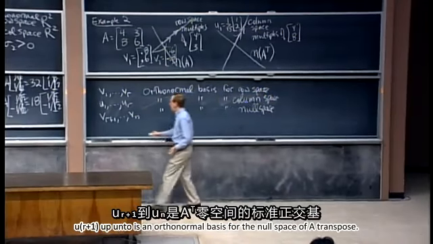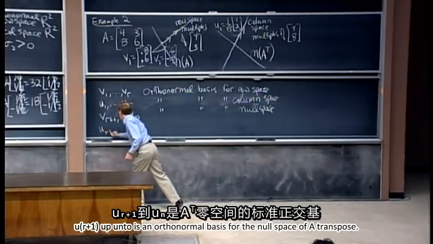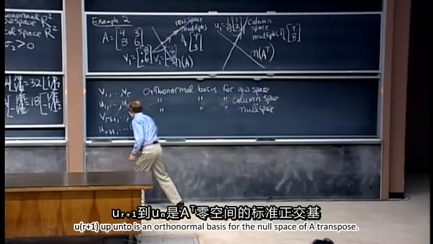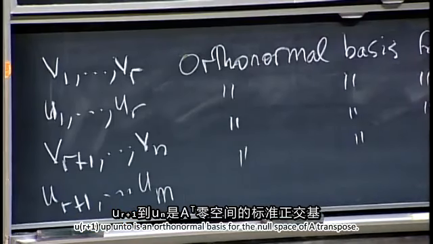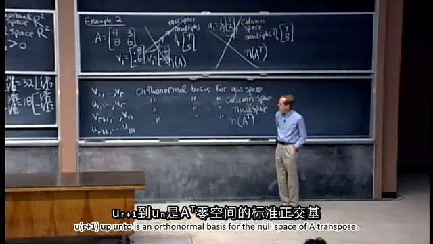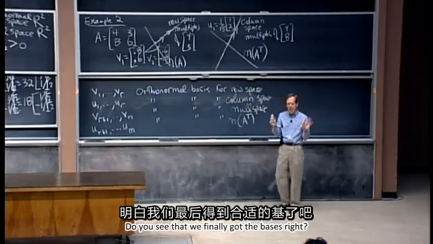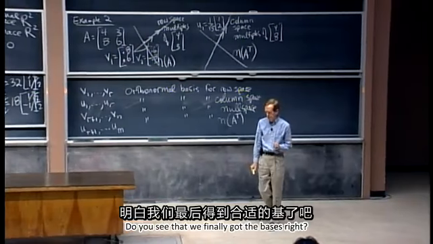And finally, UR plus 1 up to UM is an orthonormal basis for the null space of A transpose. You see that we finally got the bases right.